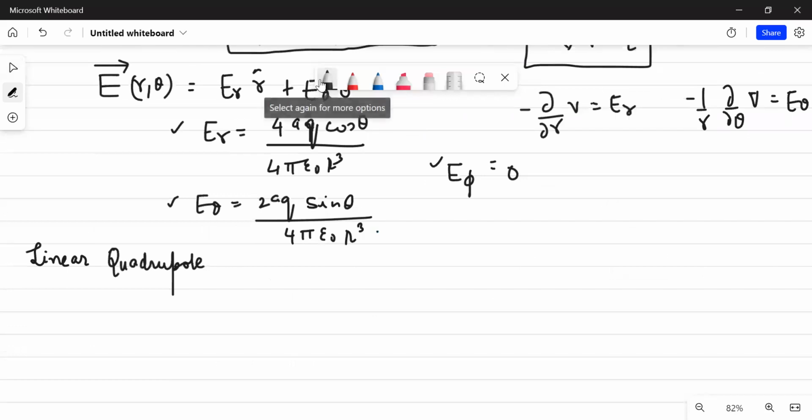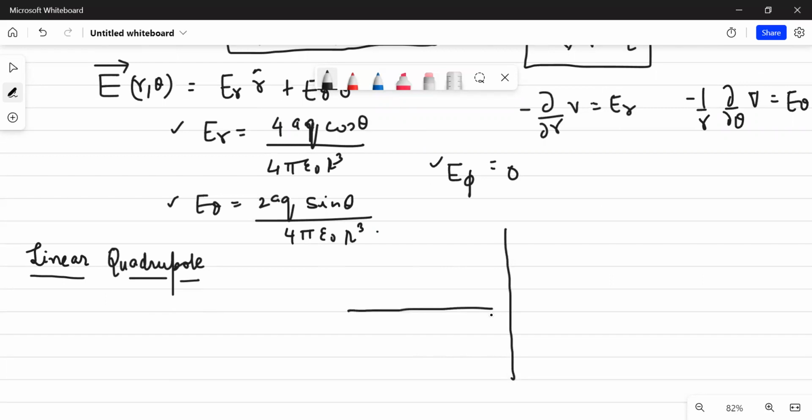Okay, so let us take the case of linear quadrupole. Linear quadrupole is an easier case where you have a set of 2 dipoles placed on a line. Instead of placing 2 dipoles, what we actually do is, at the center we take a charge minus 2q, so you can think of it as minus q and minus q. At some distance you keep q, and at some distance you keep q.